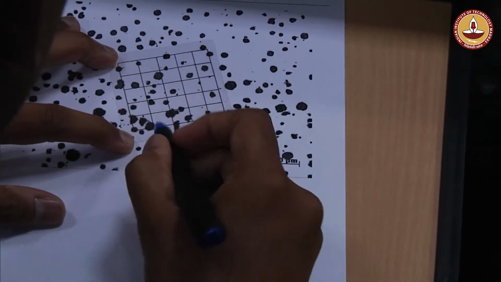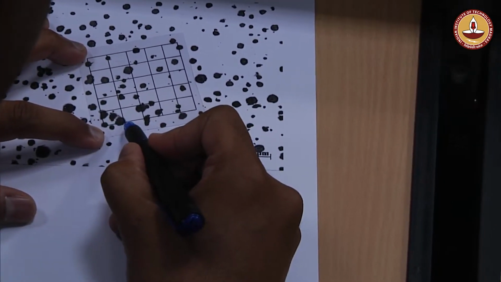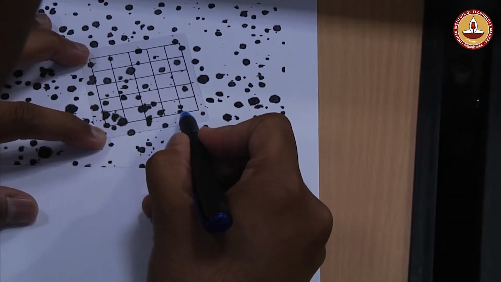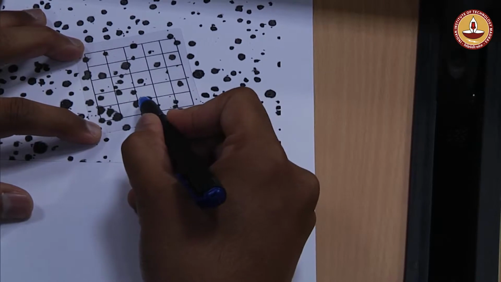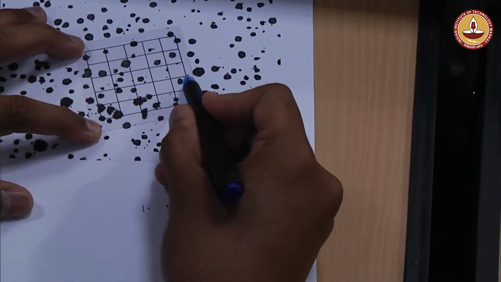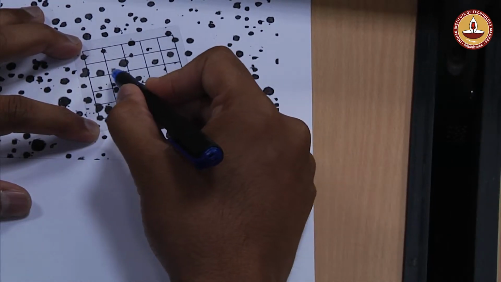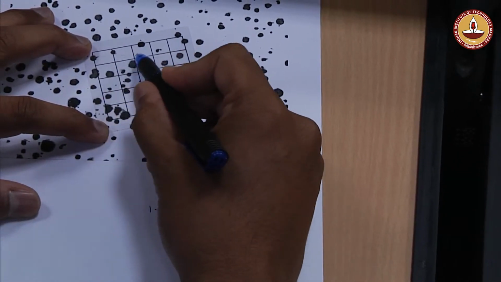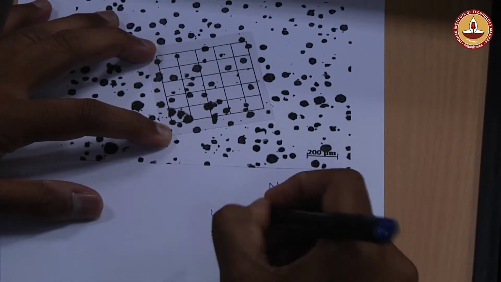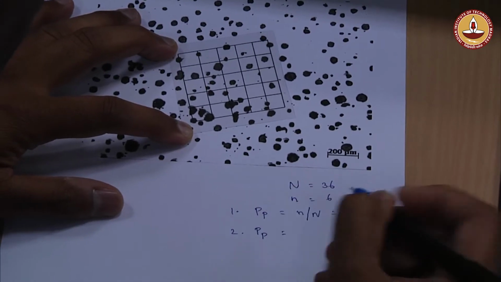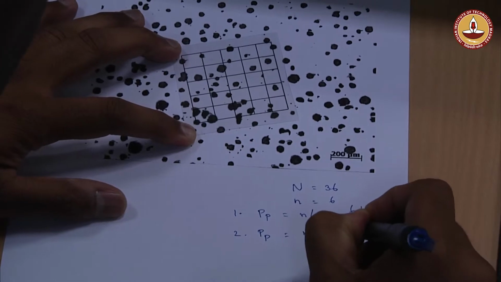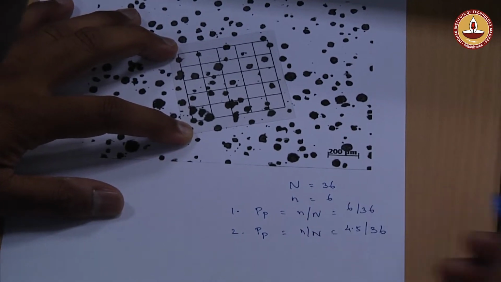So this is 1, this is half, 2, and then half, 2 and a half, and then 3 and a half, 4 and a half, and it goes like this, and then this is about 4 and a half, right. So 4.5 by 36.